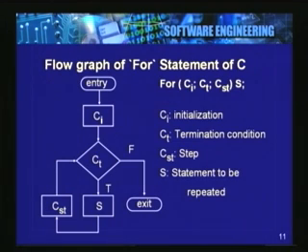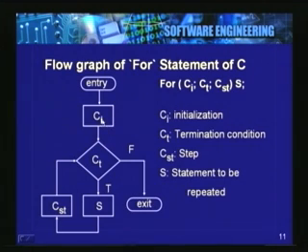So the for statement is as follows: you have Ci, which is your initializer, Ct gives you a terminating condition, Cst is your step, and S is the statement to be repeated. So when we enter into this for structure, we first execute the initialization condition Ci.